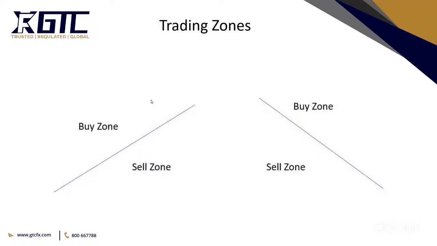So the most baffling or confusing period for any trader is to identify when the zones are within transition, when the zones are changing. And this discussion is to help us deal with the markets then.